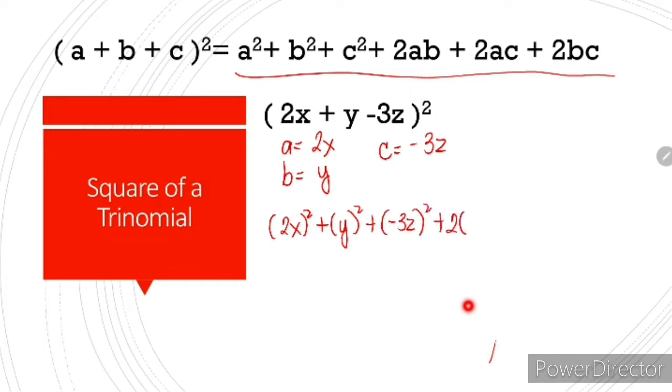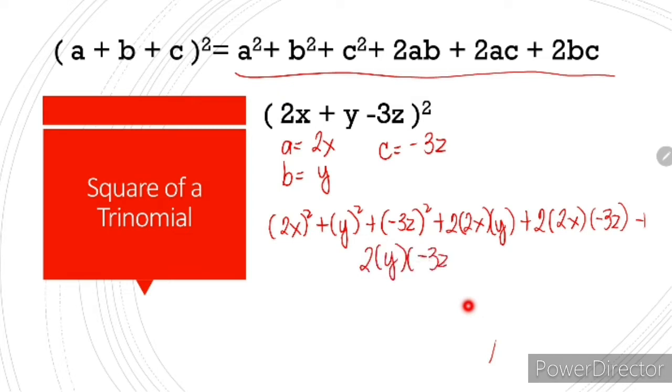Plus 2, yung a natin is 2x, ab, y, plus 2ac, 2x times negative 3z, plus 2 times bc, which is y, times negative 3z. 2x squared is 4x squared, plus y squared is equal to y squared.